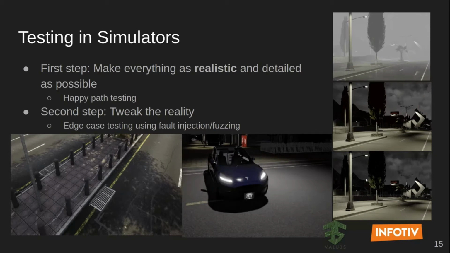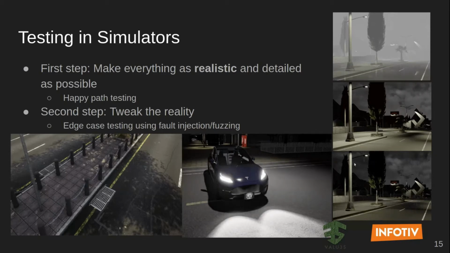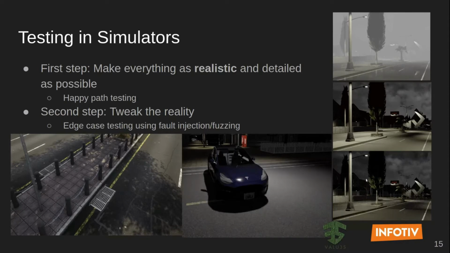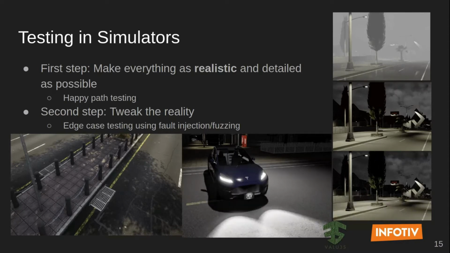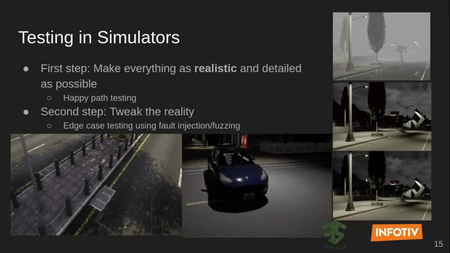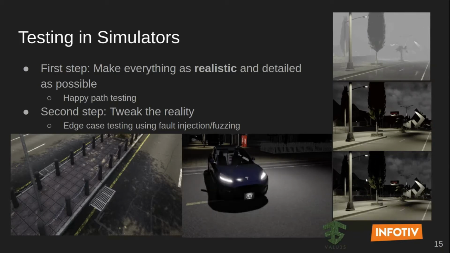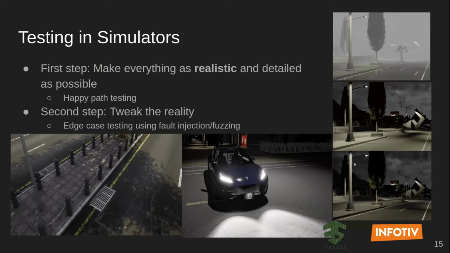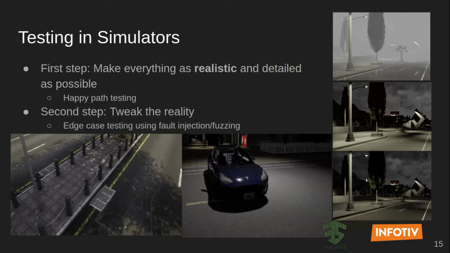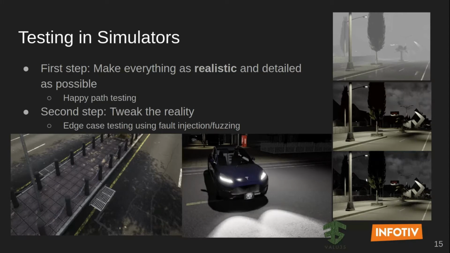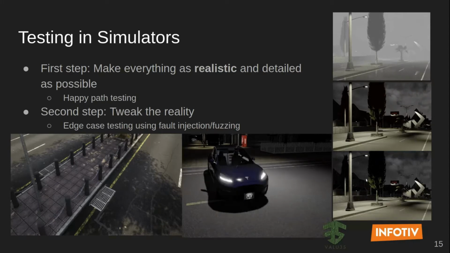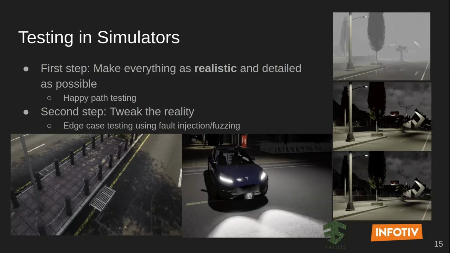And once we are sure that the normal happy cases work, that the system can work in a normal situation, we can tweak the reality to see how the system behaves in corner cases. So the first step is to have a realistic simulator before starting to inject faults and consider corner cases.